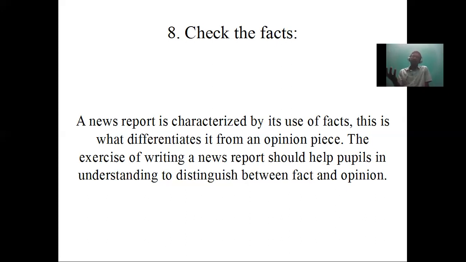Actually, these are all proof for your writing. This will back up your report in future. If any objections arise, then you can show that yes, I have proofs. So you have to make sure the facts are properly collected, properly recorded, and properly kept. These are very important matters, and this differentiates it from an opinion piece.